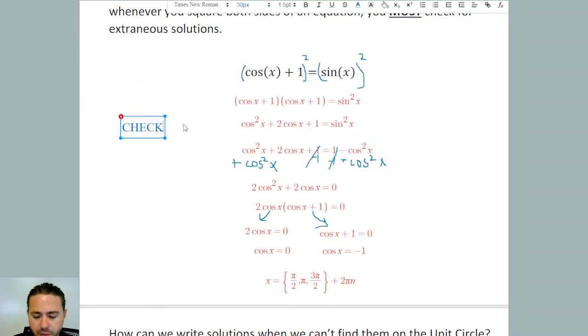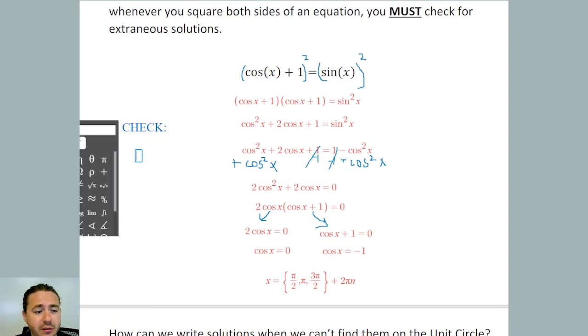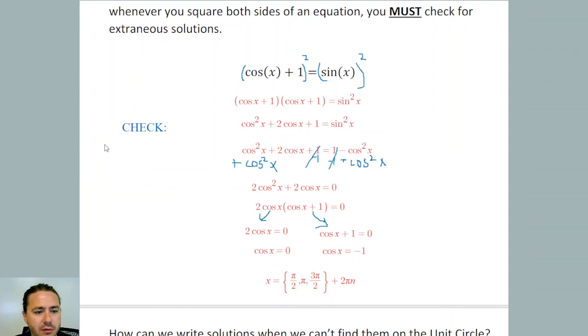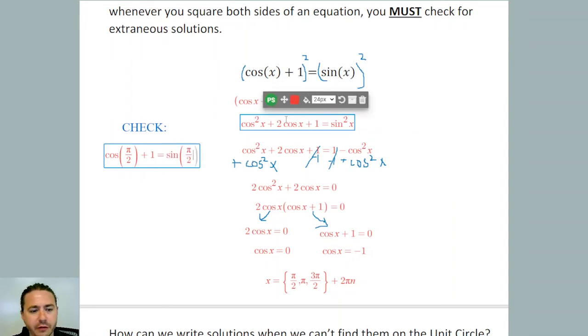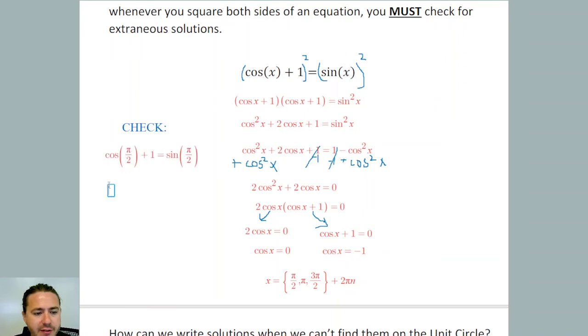Okay. So we'll check pi over 2. Okay, so is cosine of pi over 2 plus 1 equal to sine of pi over 2? Okay, we'll check that. The other thing we're going to check is, is it true for 3 pi over 2?